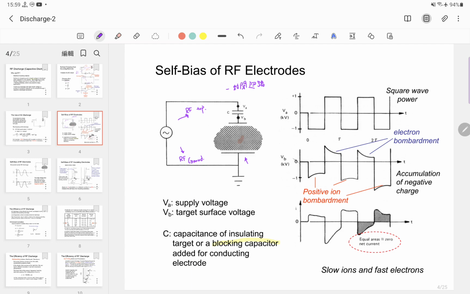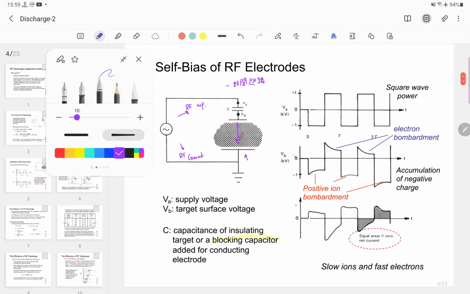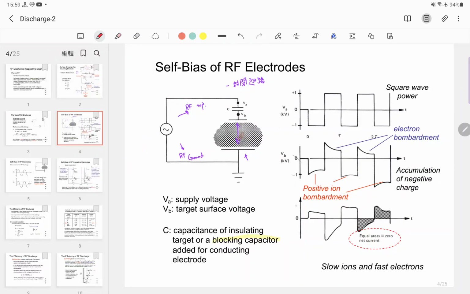So for half a cycle, the upper electrode behaves like a cathode, and for the other half cycle it becomes an anode. So on average, both electrodes will behave the same, even though one is RF hot and the other is RF ground, if there is no capacitive component.